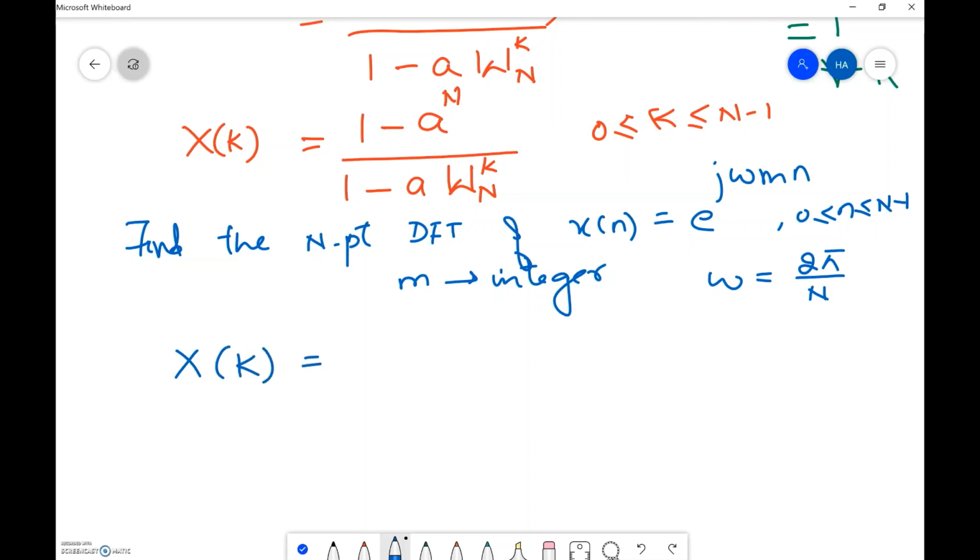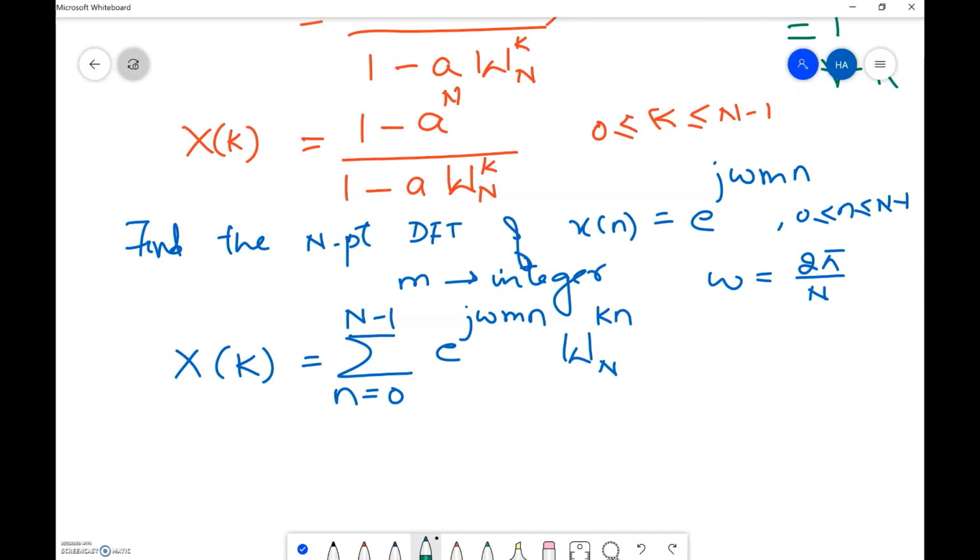Okay, so let's find the DFT of the sequence. X of k is summation n equals 0 to N minus 1 e to the power j omega m n W_N to the power kn. Here, can we write this exponential signal e to the power j omega m n in the twiddle factor form, that is W_N form?